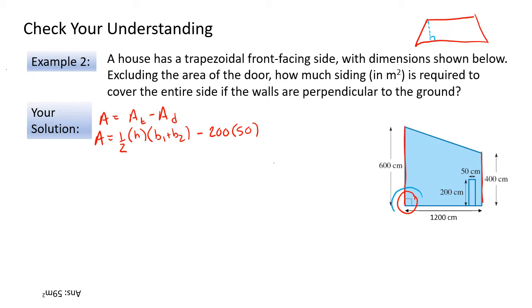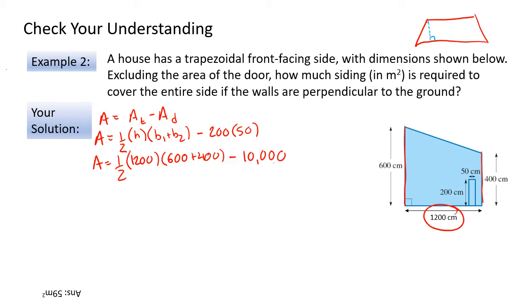And we can see here that that in fact is the case. So that means our area is equal to 1/2 times our height. In this case, our height is 1200 centimeters times B1 plus B2, which is 600 plus 400. And that's minus 200 times 50, which is 10,000.